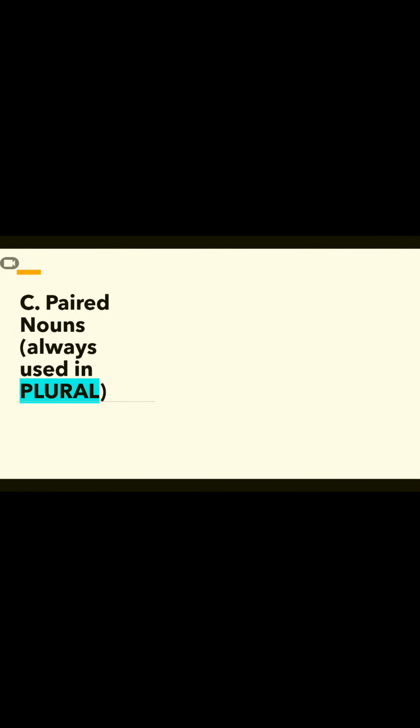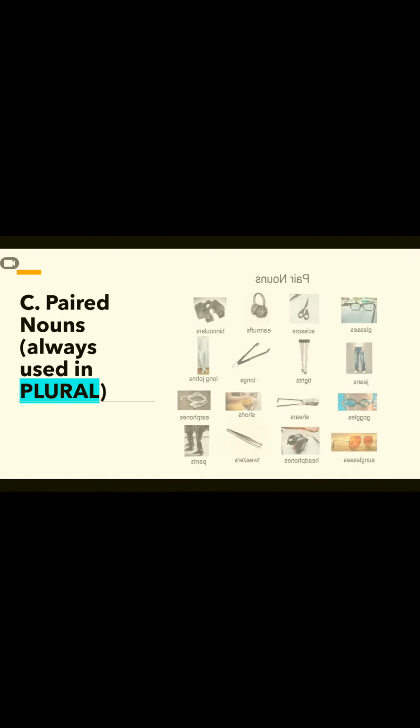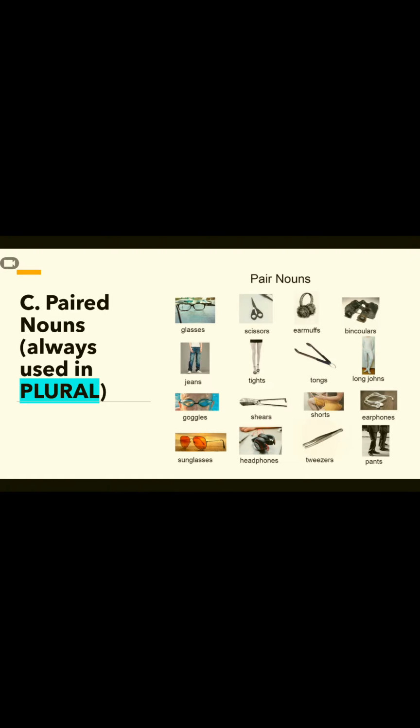All right, let us move on to Group C. They are paired nouns. Take a look at this picture. What's special about them? Yeah, they are items in pair. So because of the pair nature of these nouns, therefore they're always with S, and they're always used in plural.